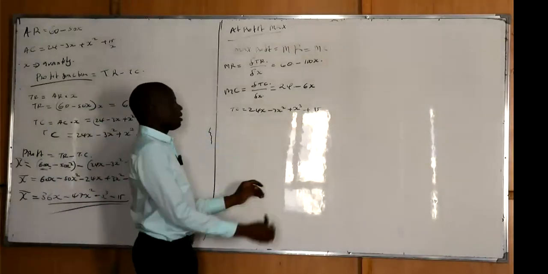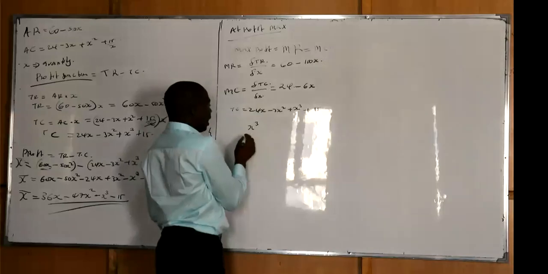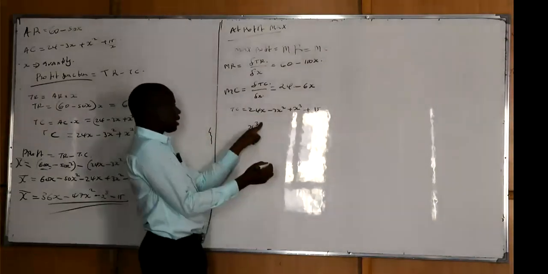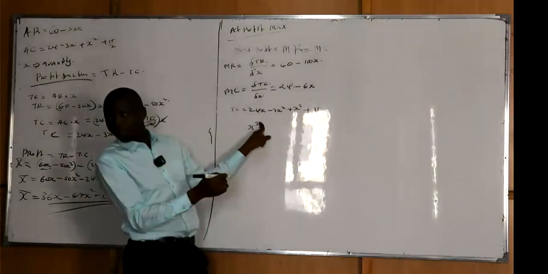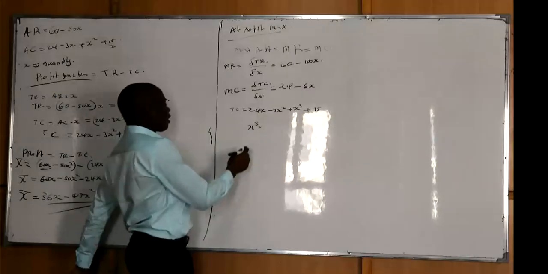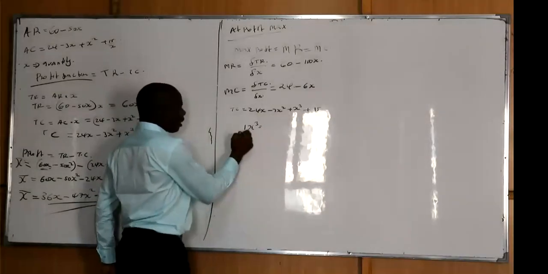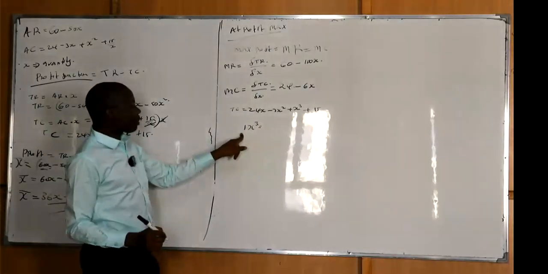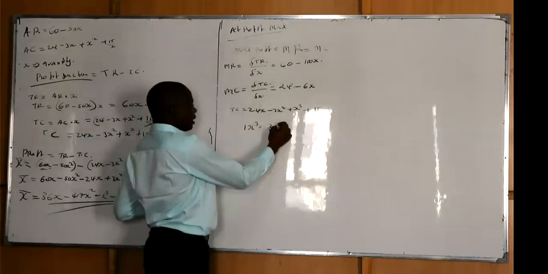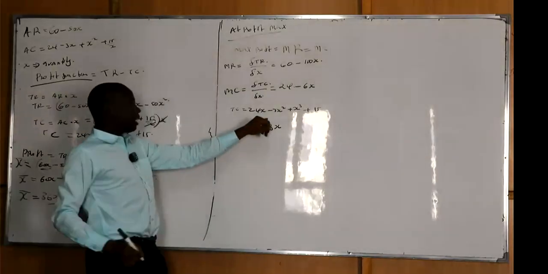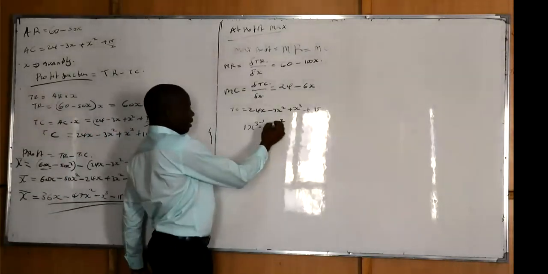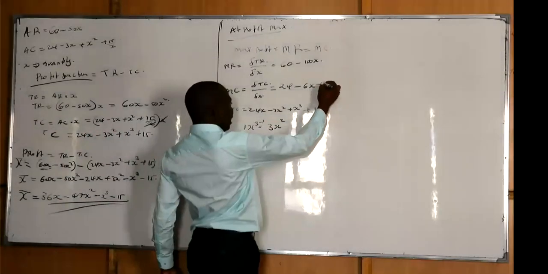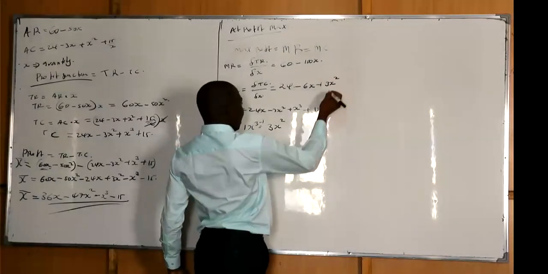Then next is x cubed. To differentiate x cubed, you take 3, so we have 1x raised to power 3. You take 3 times 1, you get 3x. Then 3 minus 1, you get a square. So it will be plus 3x squared.